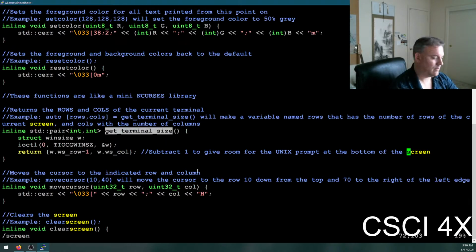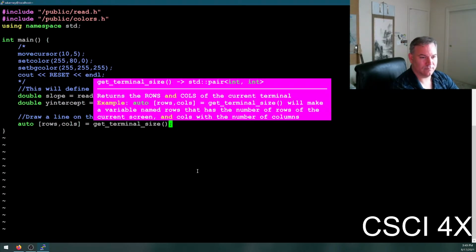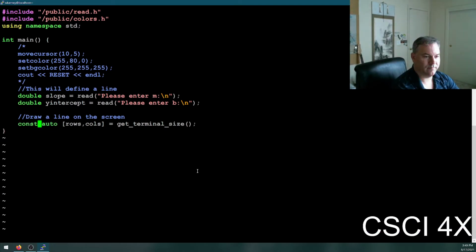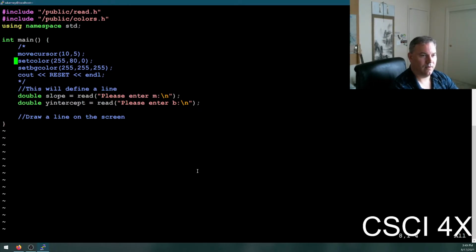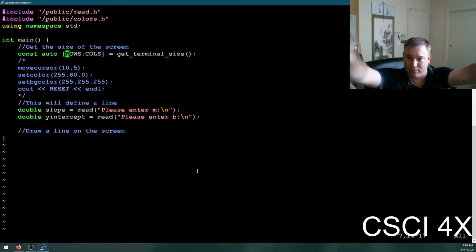So, okay, this will tell us how big our window is, how many rows, which are horizontal lines, and columns. So it's going to give us how big we have to play with.